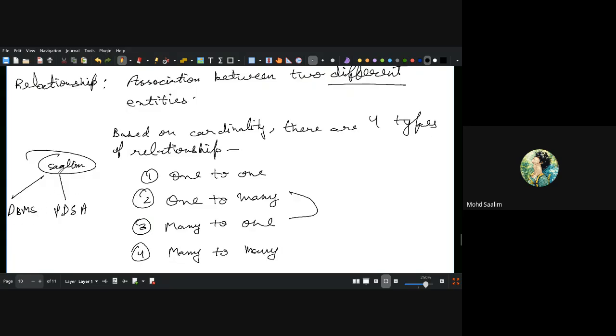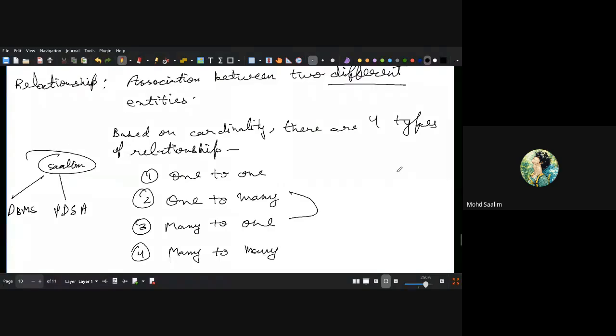So this is a one to many relationship because from the left hand side, I am having only one student. That means only one student is associated with this relationship. But this relationship is going out to different entities of the same schema, the same set. That's why it is one to many.